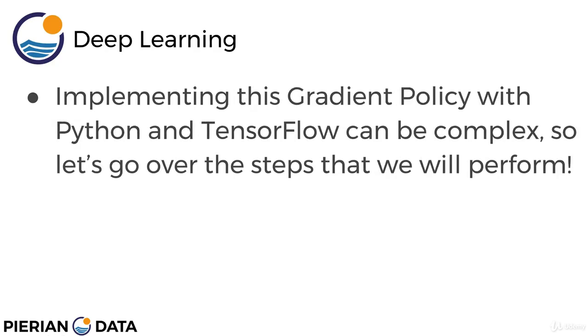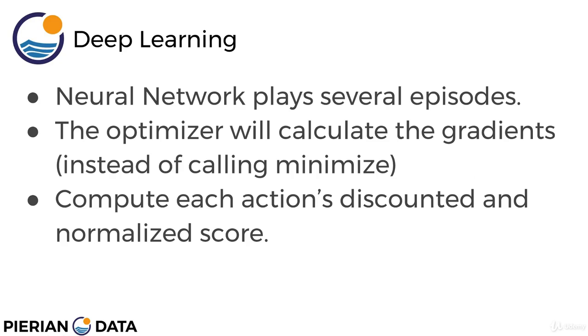Implementing this policy gradient in Python and TensorFlow can be a bit complex, so what we're going to do is quickly go over the steps that we're going to be performing in our .py script. The first one is to have the neural network play several episodes of this game. Then the optimizer is going to calculate the gradients. Typically what we've been doing is calling minimize on the optimizer, but this time, instead of minimizing, we're first going to compute the gradients.